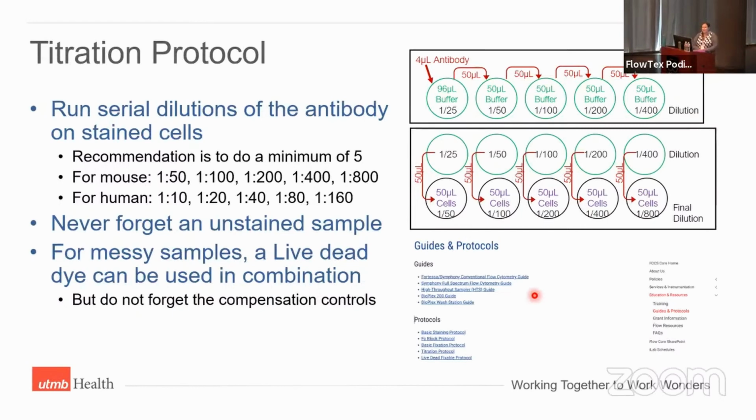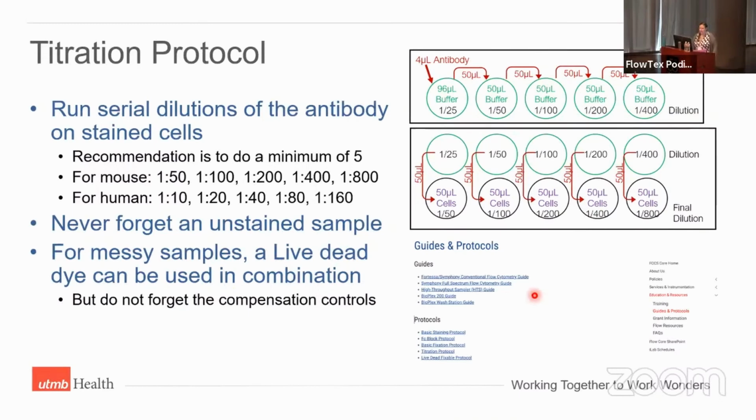But most importantly, and I was talking to some of the other FlowTex committee members about this, please don't forget your unstained cells. It's very easy. Just make sure you're adding another sample for unstained cells. I know that a lot of companies recommend doing more than 5 titrations, but generally you can get away with 5 titrations.